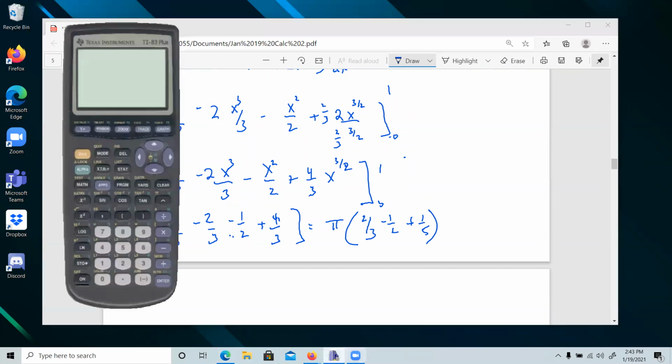I'm going to show you a little cheat. Why didn't you cheat before? I don't know. Just didn't. So this is 2/3 minus a half plus a fifth. And then I'm going to go to math here and select this fraction option. That's what this does. It converts it to a fraction.